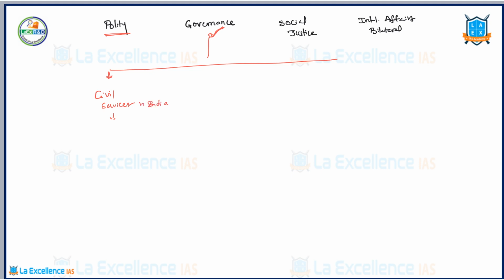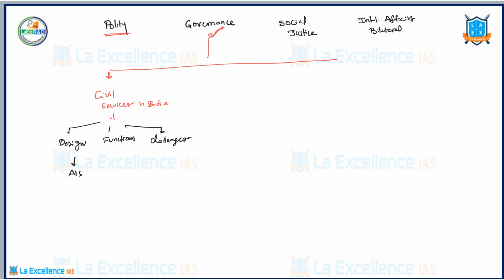Civil services in India. So what is its design? What are its functions? And what are its challenges? When we talk about the design, we talk about all India services majorly.